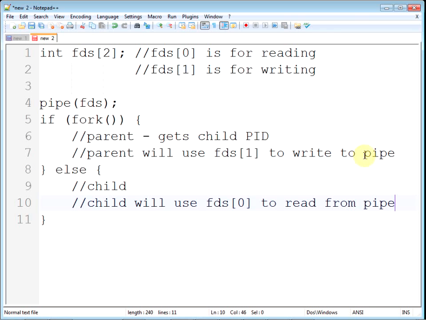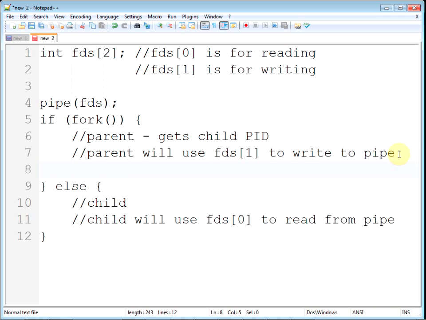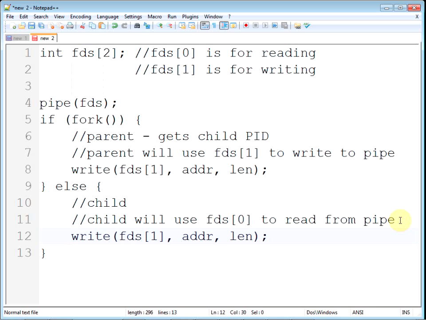So what can you do? Well, you can write just like that. Write FDs of 1, some address, some length, right? And similarly here, read FDs of 0. So that's the way they can maintain the communication. So you can see that this guy is not using FDs of 0, so you can leave it as it is.